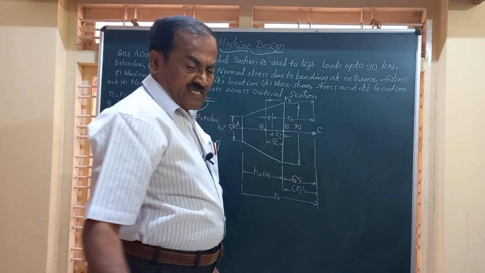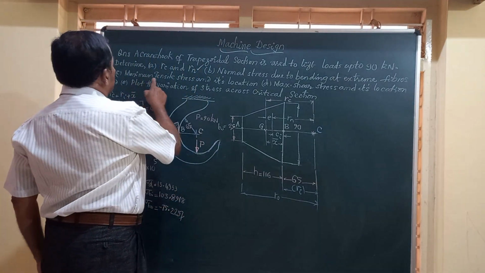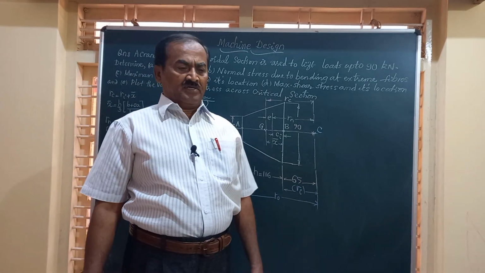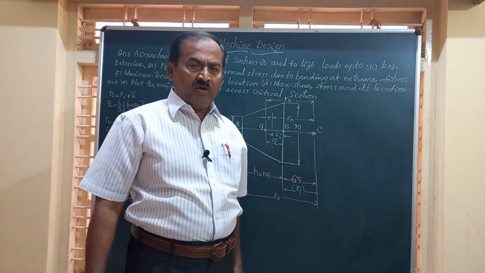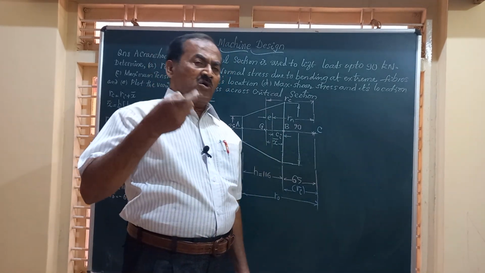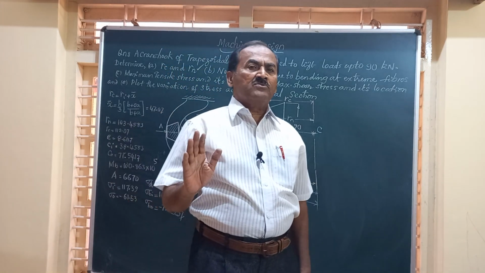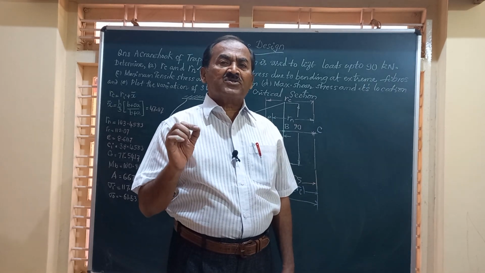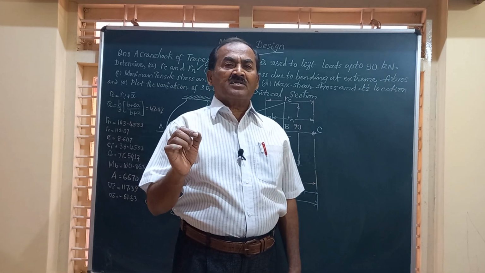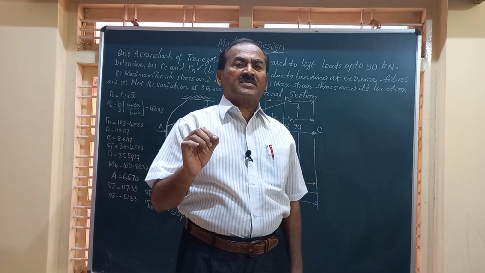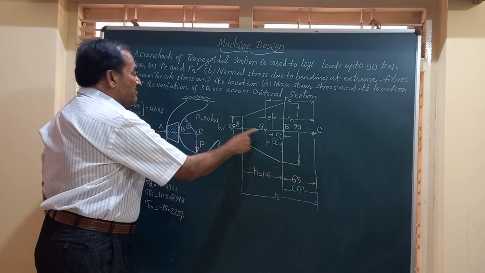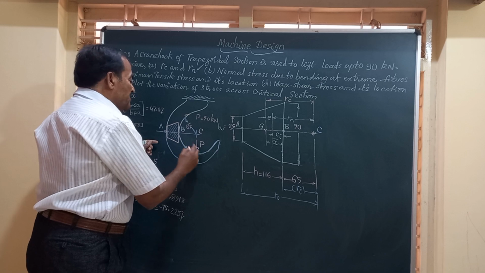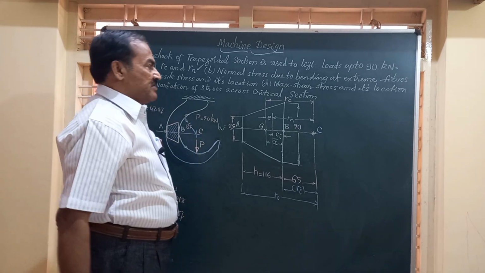Friends, in the third part of the question, we have been asked to find out what is the maximum tensile stress and its location. Friends, this is a very important point. That is, for all the crane hooks, irrespective of the cross-sectional area or the cross-section, the maximum stress, which is tensile in nature, occurs at the inner fiber, that is at B, because this gets elongated when the load is being lifted by the crane hook.